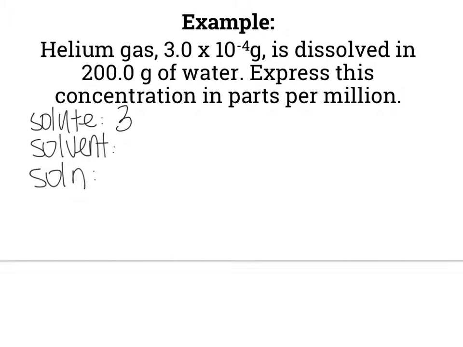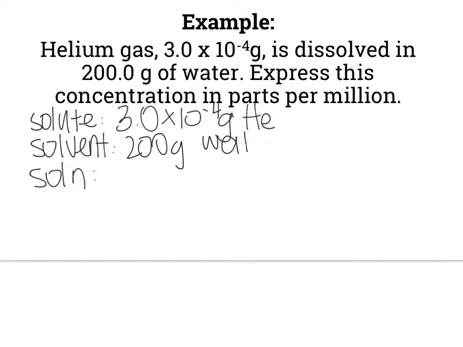That says that we have 3.0 times 10 to the negative fourth grams of helium. We're dissolving that in 200 grams of water, which means water is going to be our solvent. And our solution then is just going to be both of them added together.